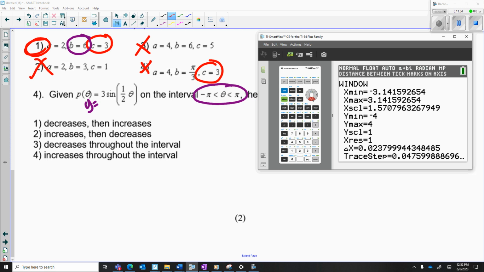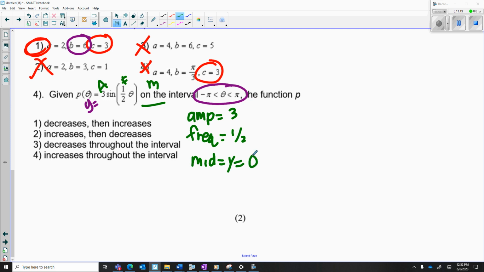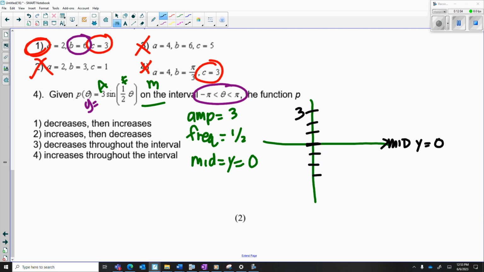So let's now go to the equation. The amplitude is 3. The frequency is 1 half. And the midline, because there's no midline in the back, the midline is the x-axis, which is y equals 0. So basing it off of that, if you visualize this, you know that you're starting at the midline of 0, and you're going to go up 3 units and down 3 units from 0.